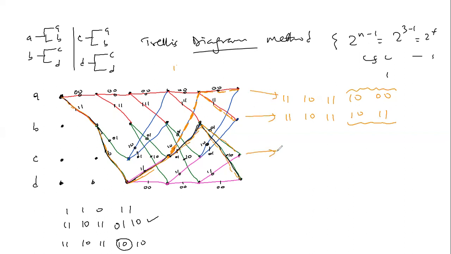Now, if it should come on this part, so it means we are going to have 1, 1, 1, 0, 1, 1. Then what do we have here now? This part.